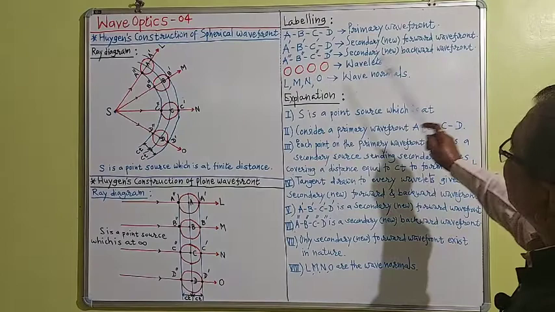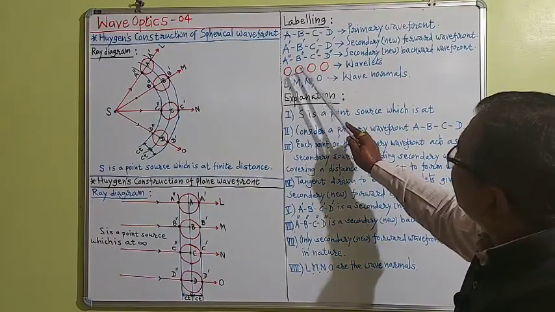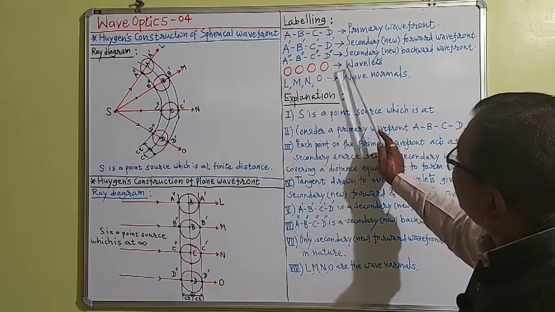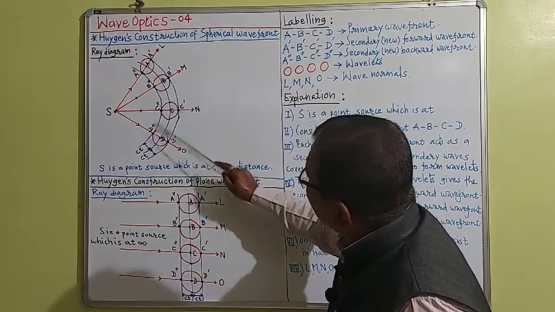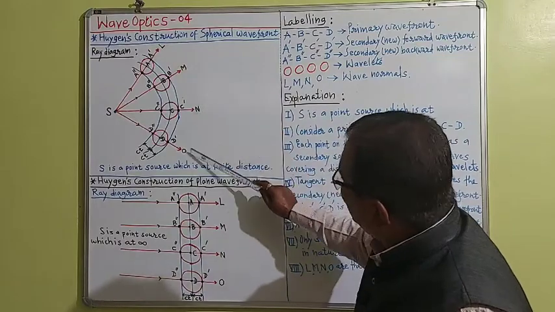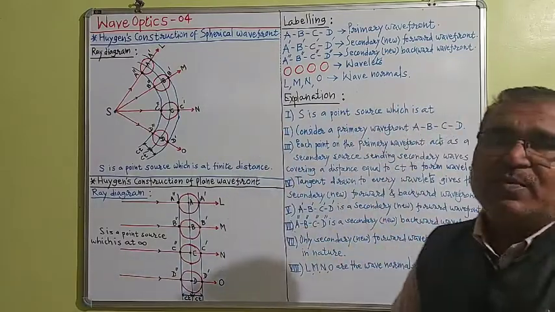And what do the red circles indicate? These red circles, not circles, they are spheres. These red spheres indicate wavelets. And what is this? L, M, N, O. Here also L, M, N, O. They are the wave normals.